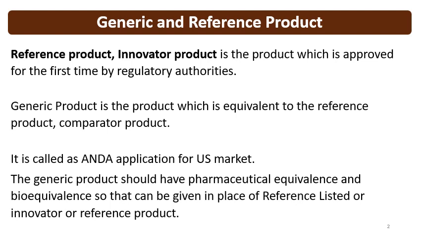Generally, generic products have less cost because they do not include the complete clinical and preclinical studies, and this study reference is taken from the innovator or reference product. That's why generic products are comparatively cheaper. Also, the generic products refer to the reference product for development.